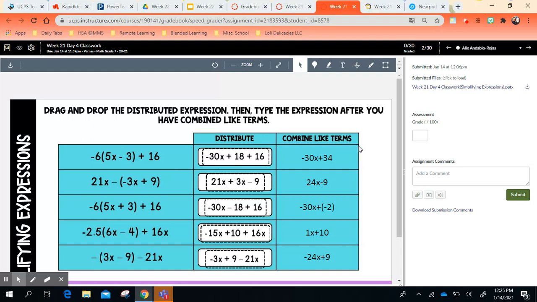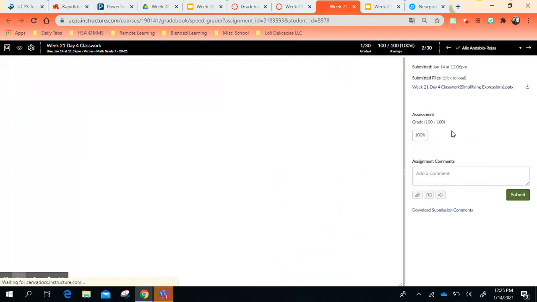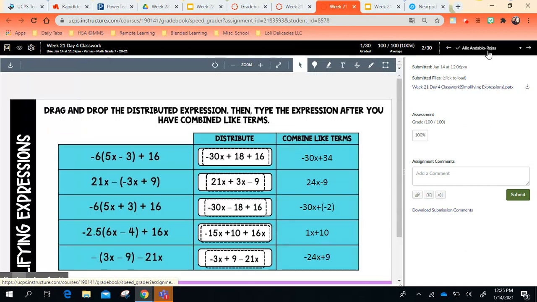Alex, your classwork looks good. So you're good to go. You can't because one is just a number. One is a number.